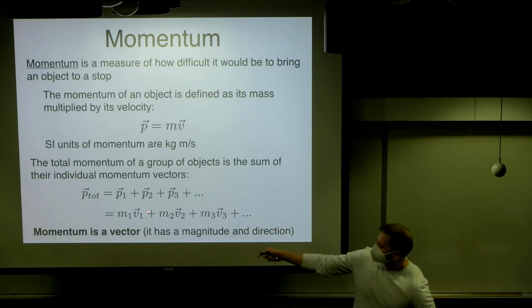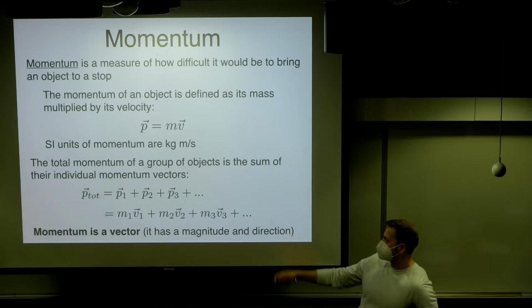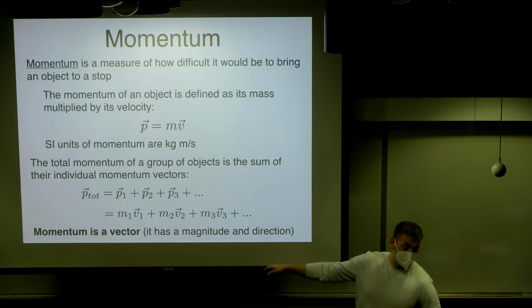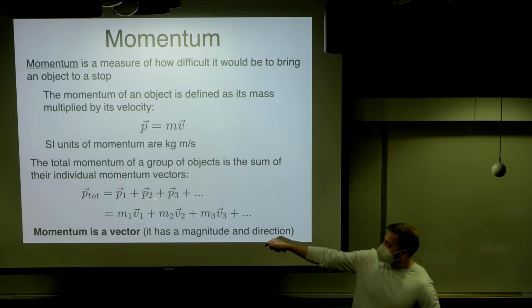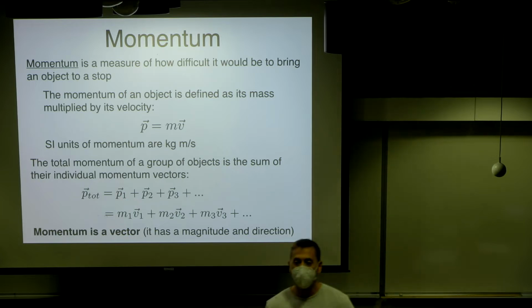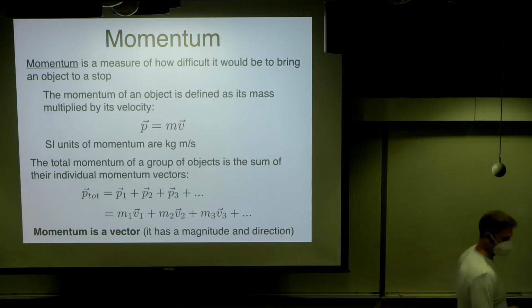So that would be M1 times V1 plus M2 times V2 plus M3 times V3, just applying the definition of momentum. But remember, when we're adding these momentum vectors together, it's not like adding numbers, okay? We're adding vectors, and the math behind that is a little bit more complicated than just straight addition of numbers, okay? So that's what we're gonna be dealing with. Okay, so always important to remember that momentum is a vector. It has both a magnitude and a direction to it.